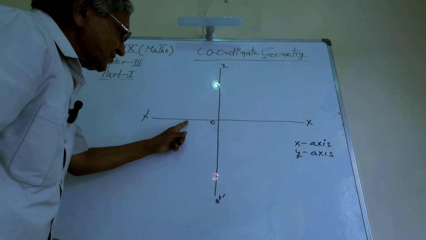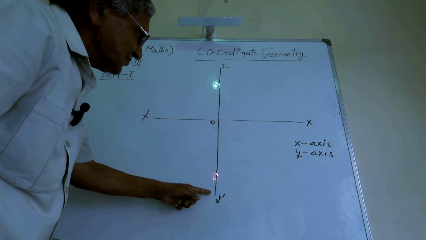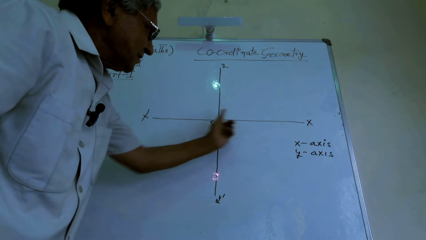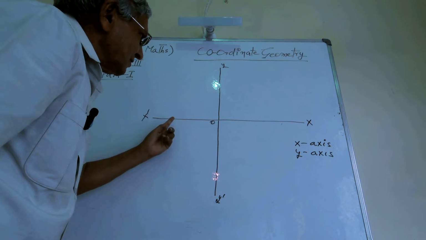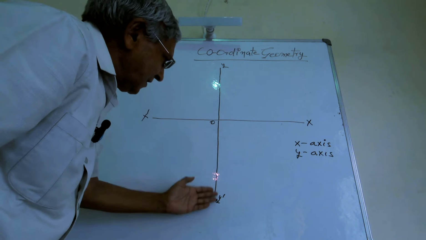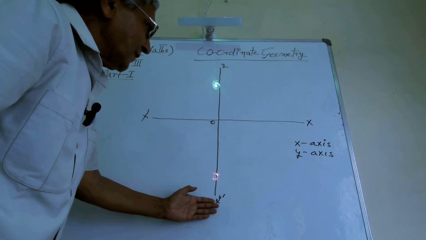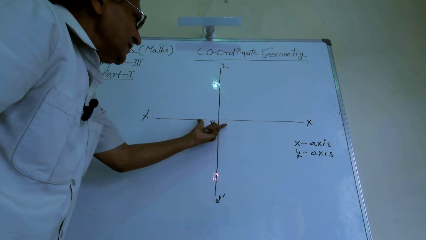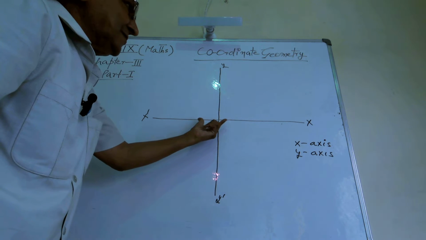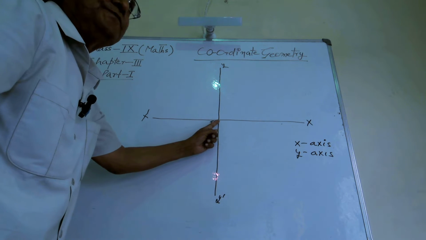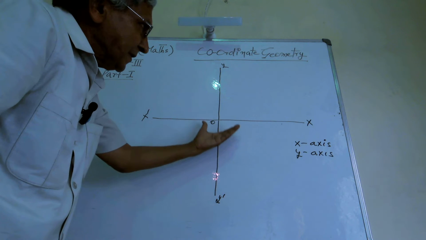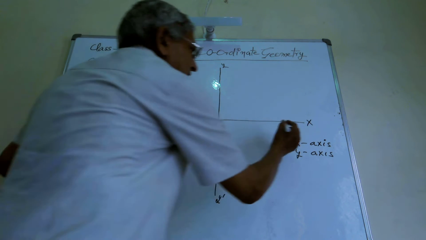This is the x-axis, this is the y-axis: the horizontal line is the x-axis, the vertical line is the y-axis, and both lines intersect at point O. Both the lines are perpendicular to each other. This is the condition.